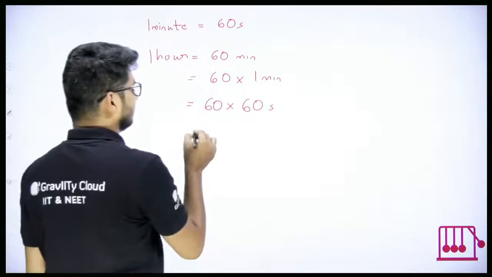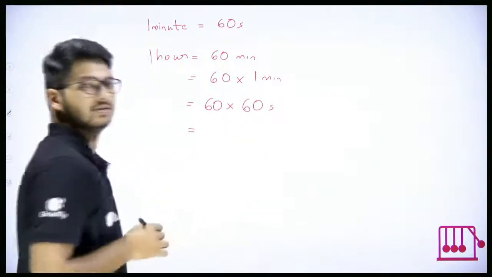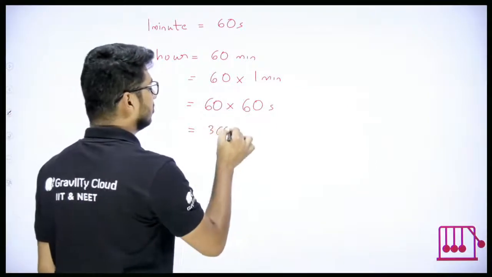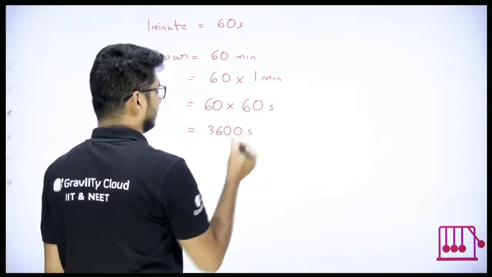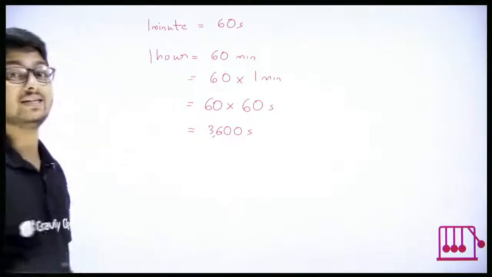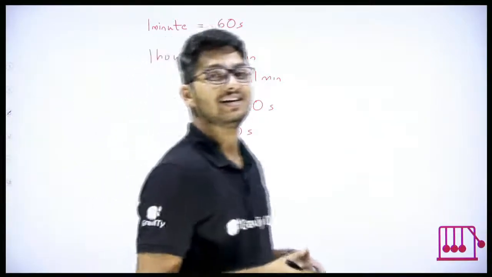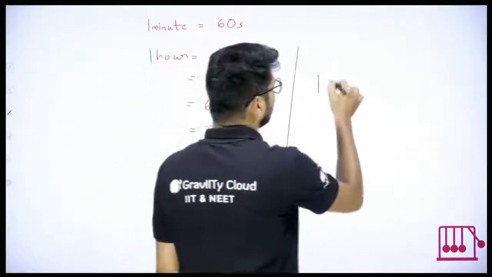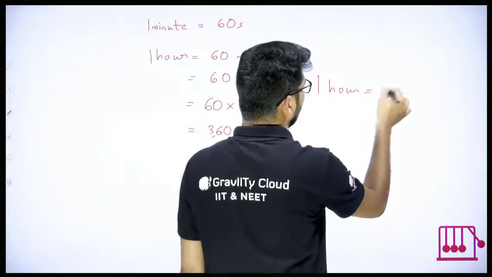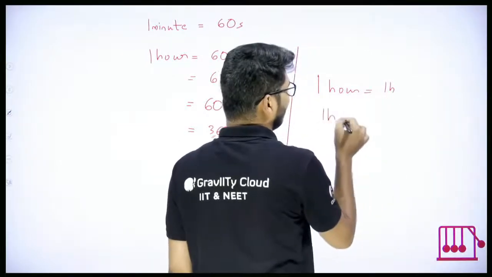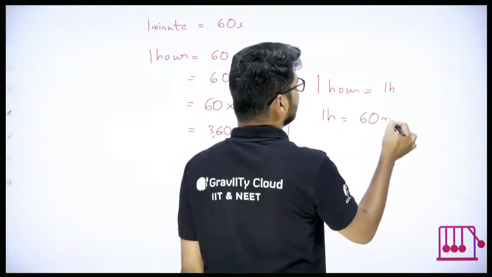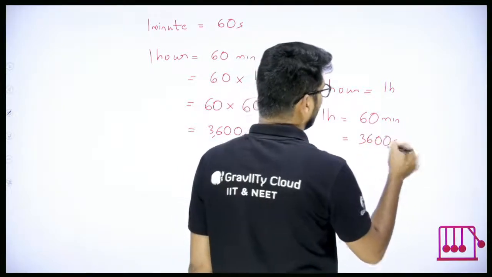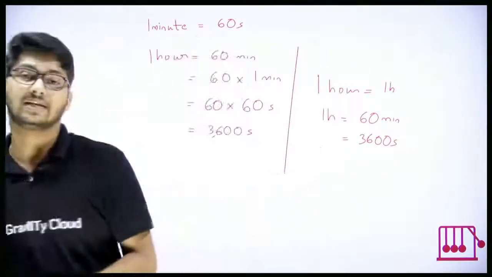So 60 into 60 is how much? 6 into 6 is 36, and you have 2 zeros. That means it is 3600 seconds. So here we can clearly say that for 1 hour we use the symbol 1 h. So 1 hour is equal to 60 minutes, or in terms of seconds, it is 3600 seconds.